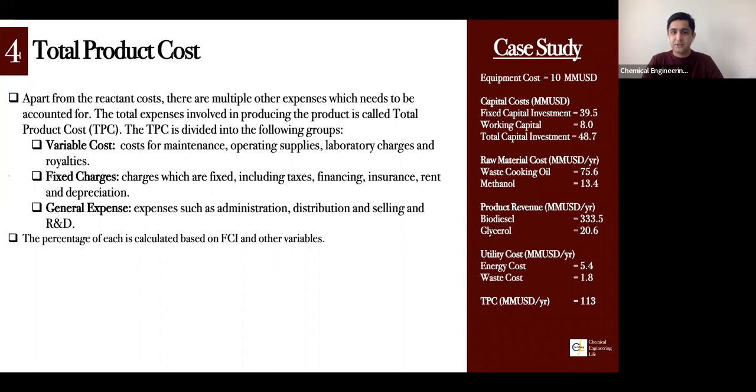They have an edition from 2015, I believe, and they provide all these variables and all the factors that you might need in calculating the total product cost. And if not, if you find any literature, any research paper that has done this Techno-Economic Analysis, they always provide these factors that they have calculated.